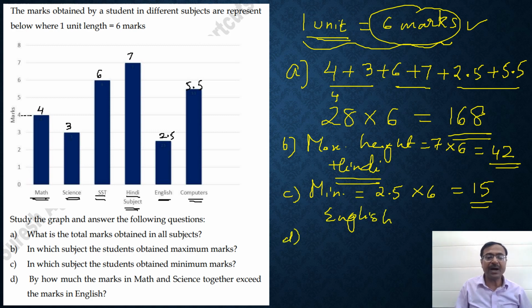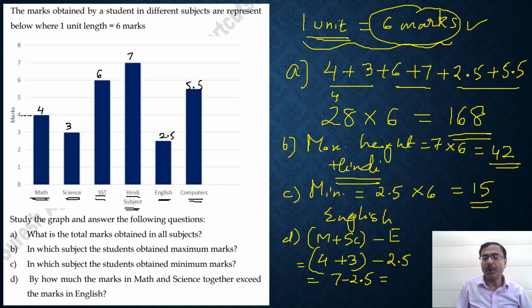By how much the marks in math and science together exceed the marks in English? So he wants us to find maths plus science minus English. So maths rises up to 4, and science rises up to 3, minus English rises up to 2.5. So this is 7 minus 2.5, which is 4.5.